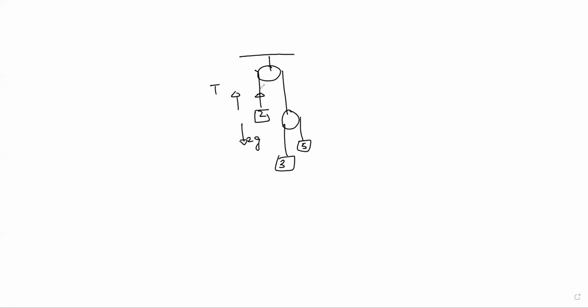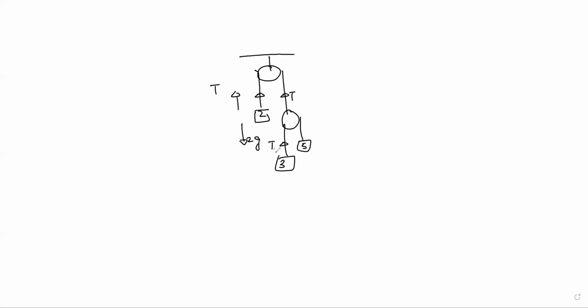Now let's see another problem. Okay, 2, 3, 5. Let's draw again for 2. There will be 2G and there will be a tension in the upward direction. Suppose this is T, this is rope 1. So this will be T as well. Now this is a different rope.